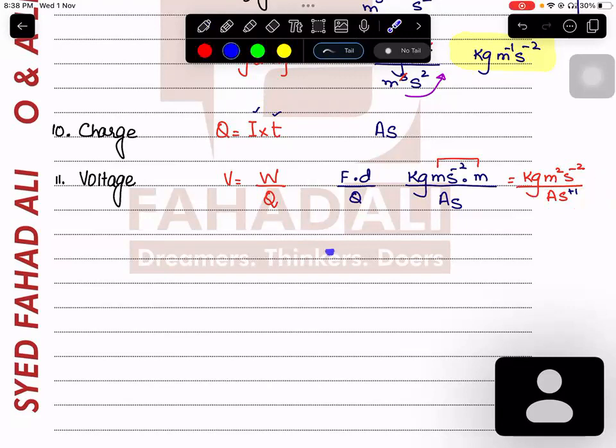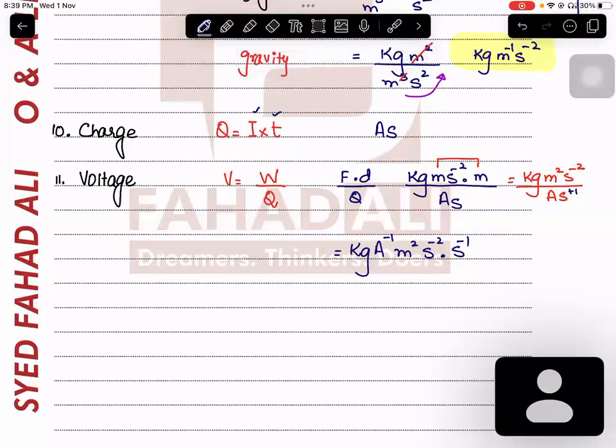So the formula you will get in simplified form is kg A minus 1 m square s minus 2 s minus 1. We know that if it is plus 1 here, going upward it becomes minus 1. So when simplified, this becomes kg A minus 1 m square s minus 3. Please tell me, Aiza and Musaf, is this clear?